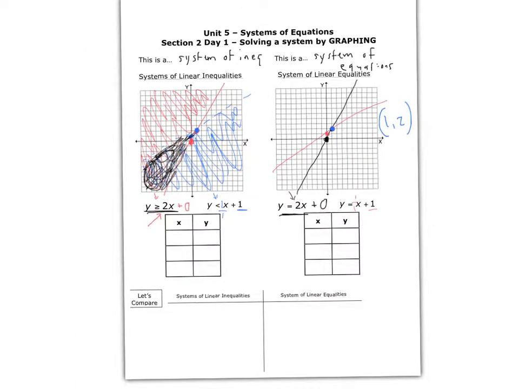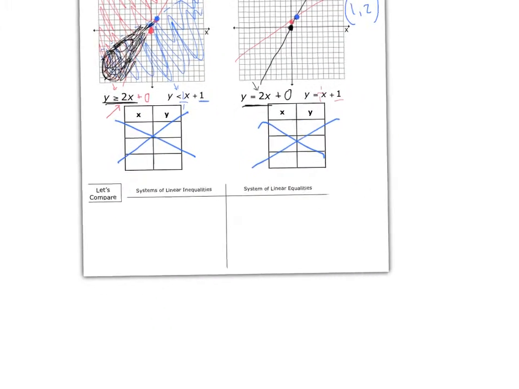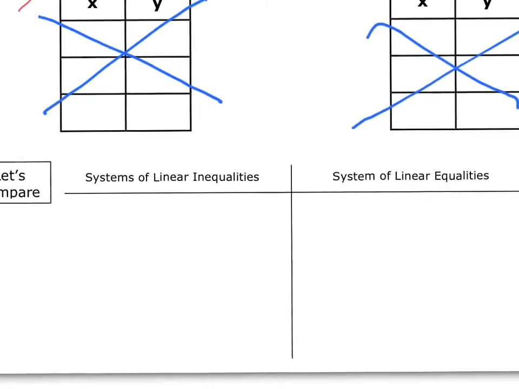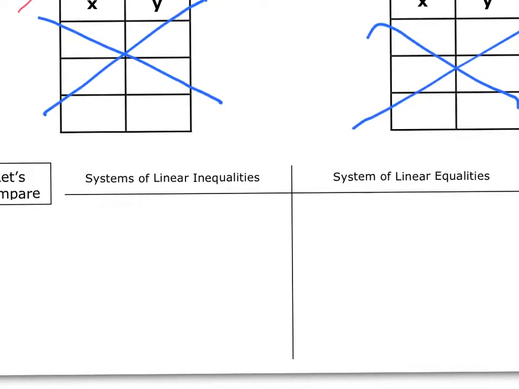All right, we're going to ignore this section here. And we're going to talk about comparing systems of linear inequalities to systems of linear equations. The first thing you need to know is that there will always be two inequalities when you have a system of inequalities, and there will always be two equations when you're discussing systems of equations.